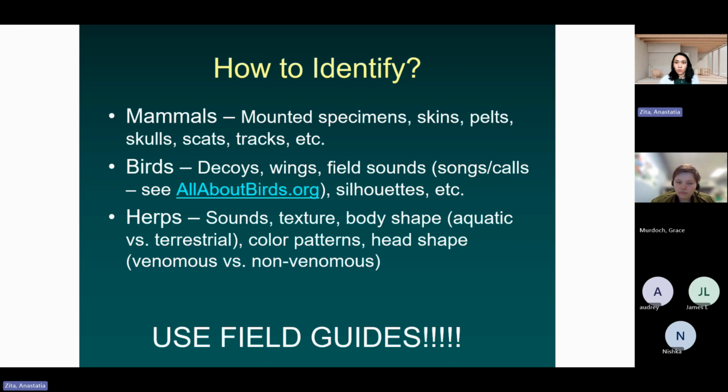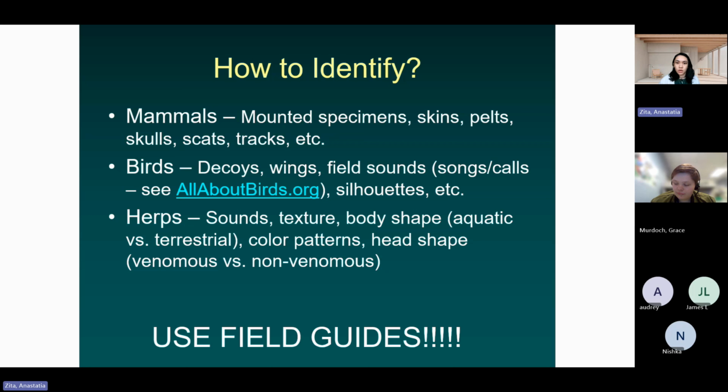When we're talking about identifying, you'll want to rely on dichotomous keys and field guides for the most part. However, for more common species found in Fairfax, you should be able to identify a lot of them just on sight. When we're working with mammals, we're looking at taxidermy, skins, pelts, skulls, and scat, which is poop, and tracks. For birds, we do have a larger amount of birds here in Fairfax than we do mammals.